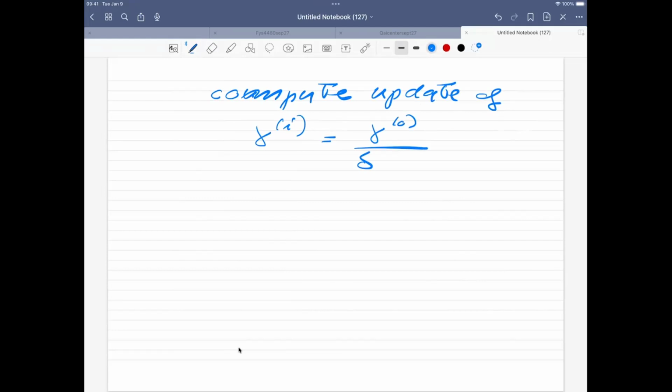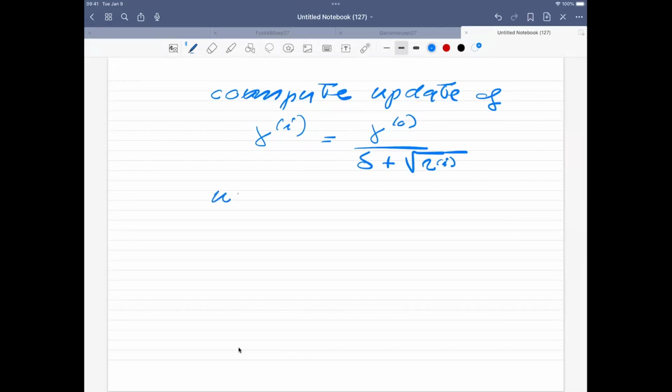So delta could be 10 to the minus 8 or 10 to the minus 6 or similar. Again, this is my attempt to write the letter R.